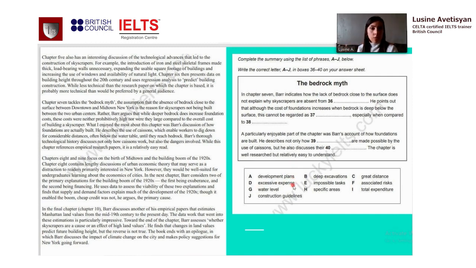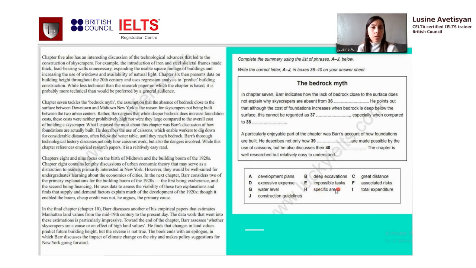Excessive expense, nothing to do with the costs. Water level. Construction guidelines, we don't have anything about that. Deep excavations. Excavation is when you dig something, go deep in the surface. Impossible tasks, nothing to do with the tasks, but with urban centers. Specific areas.